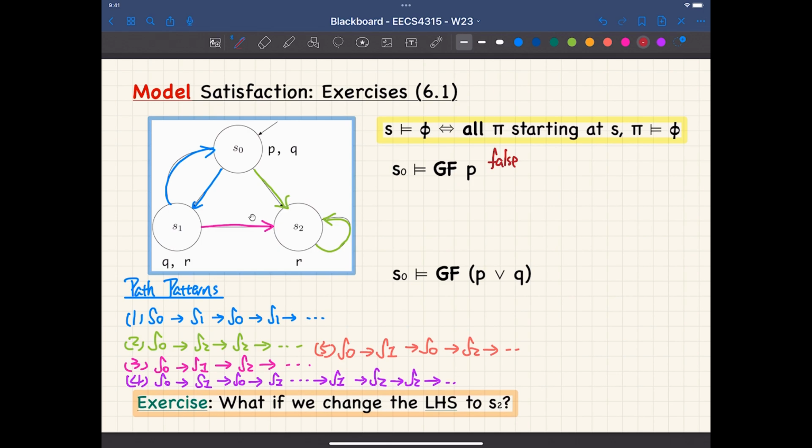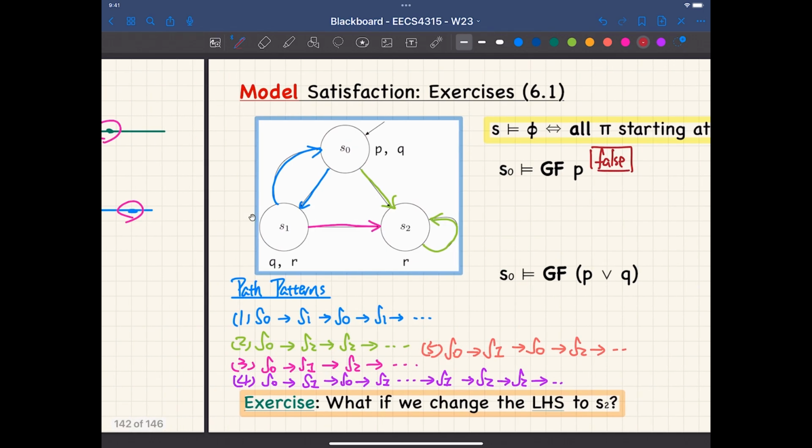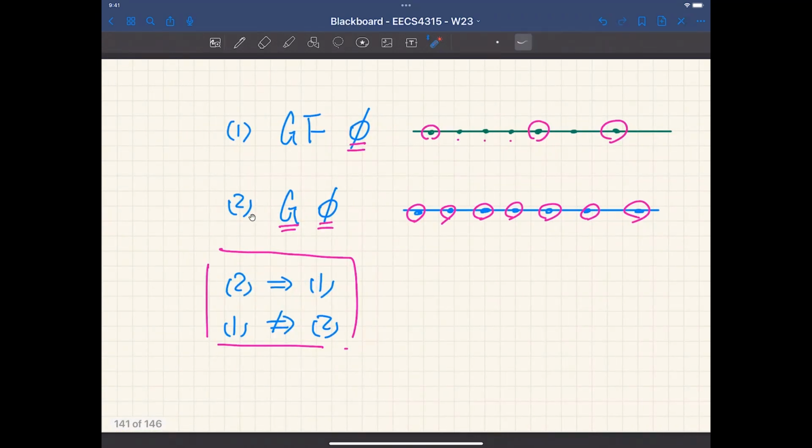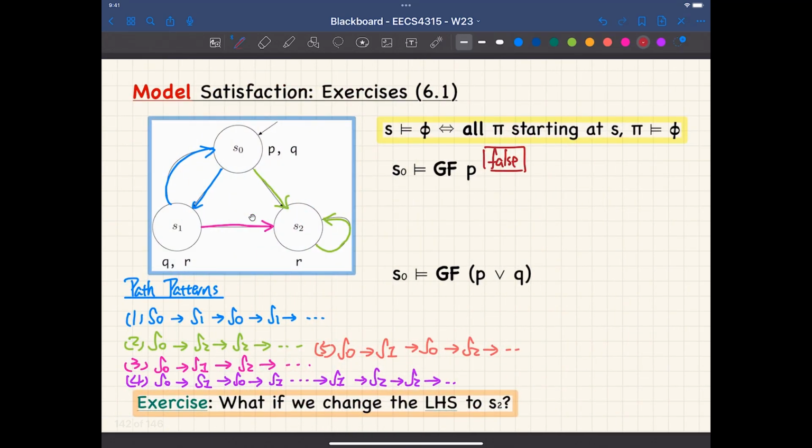And whenever you want to disprove it, you can definitely refer to what we said here, right? You have to give a witness. I will give you a witness path, as Ellie said. So we're going to have S0, S2, and we just get stuck. You can see S0 itself satisfies P. However, starting from S2, P will never be satisfied again.